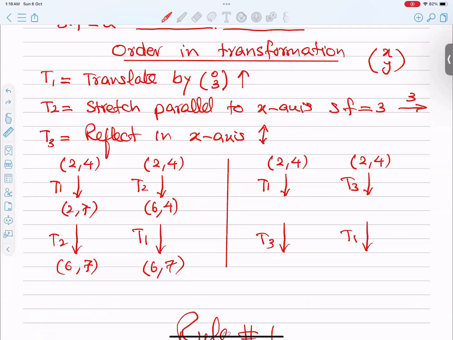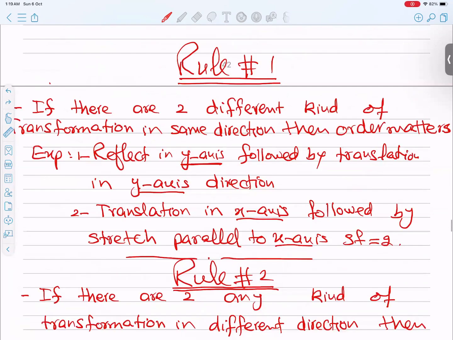It means if you change the order, the order does not matter here. The reason is very clear. Because this is going above the y-axis and this is going along the x-axis. So if they are going in opposite directions, the order does not matter. Okay, so that is the first rule I just explained here.